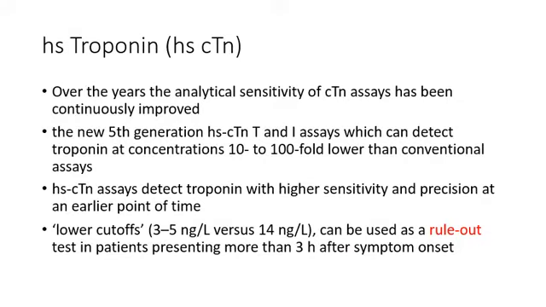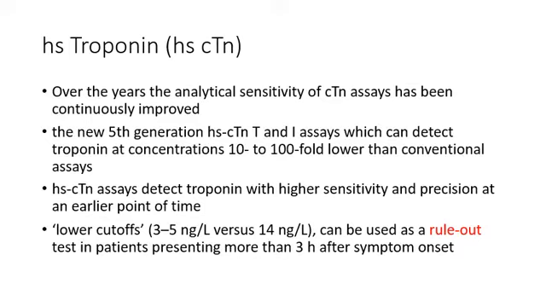Nowadays, a new term has appeared, which is high sensitive troponin. Actually, this is not a new troponin. It is the same as the troponin that we discussed. But what's new about this is the method of detection, because previously we could not detect levels of troponins that are present in normal populations.